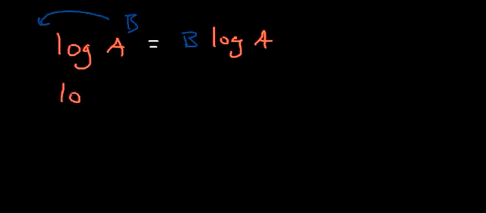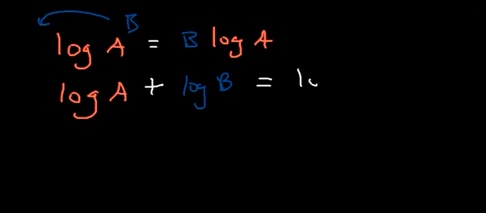Now also another one that we have, log A plus log B is equal to log A times B. So we can condense two logs into a single log by multiplication if they have a positive sign.